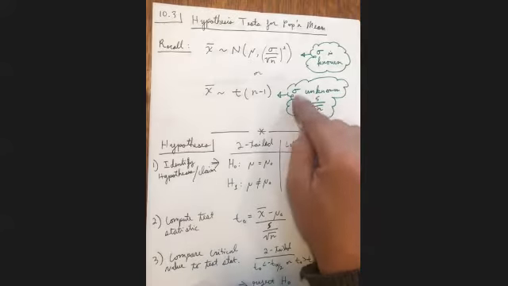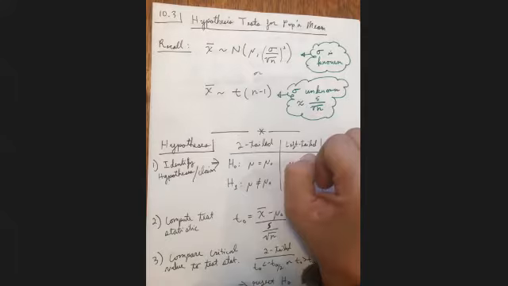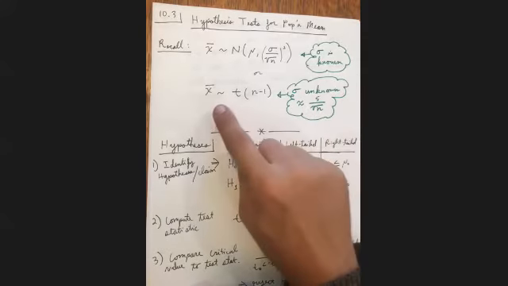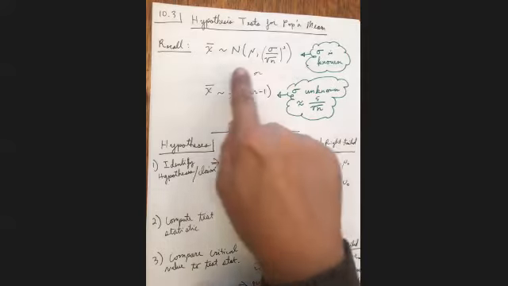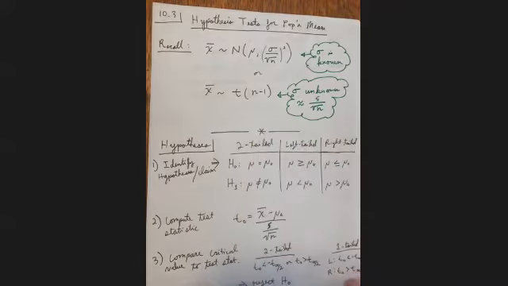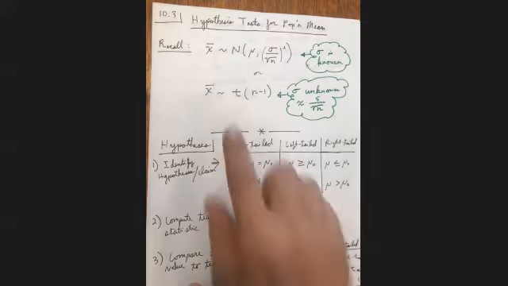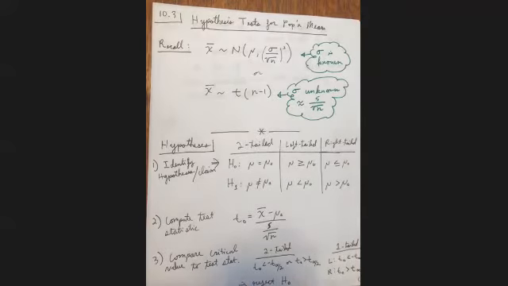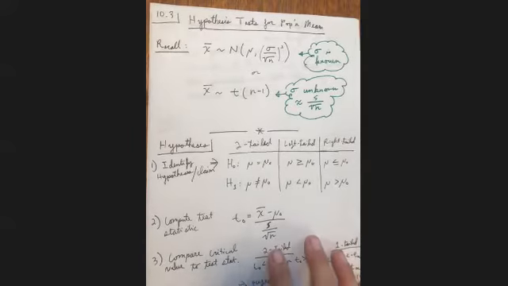And so recall, once we add this additional estimator to the setup, that adds more variability to the probability model and thus forces us to look at a t distribution as opposed to a normal distribution for X bar. Okay, so we will be using t distributions throughout these hypothesis tests.